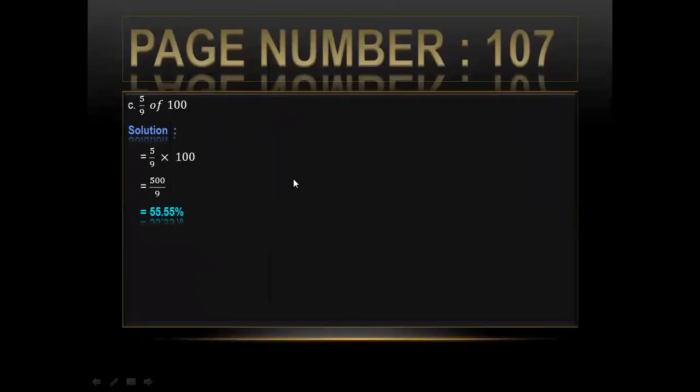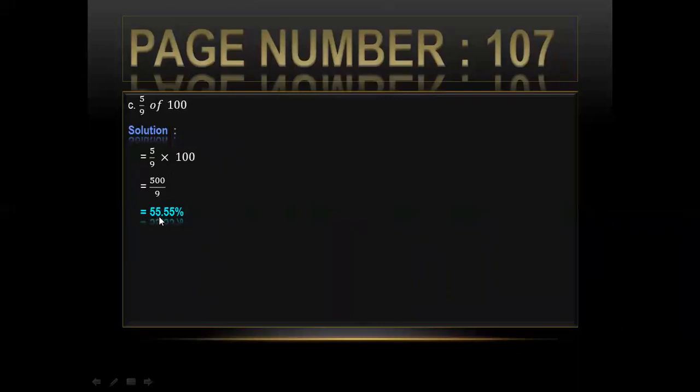The next part is 5 over 9 of 100. All the parts of these questions are the same. Instead of "of" we write here a multiplication sign, and 5 over 9 multiplied by 100 is 500 over 9.